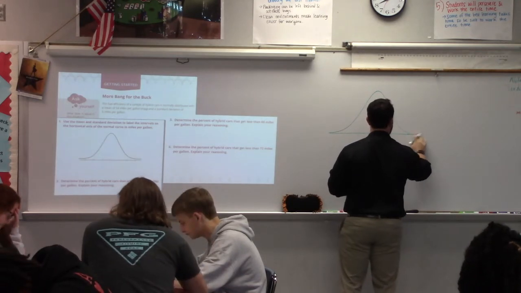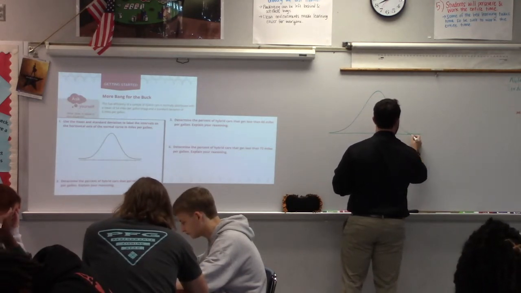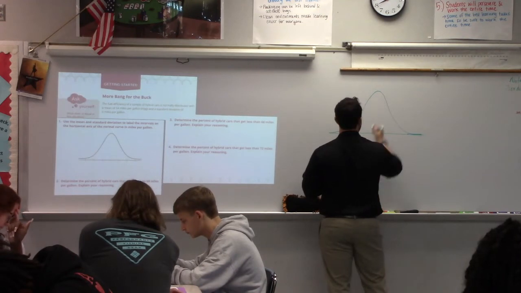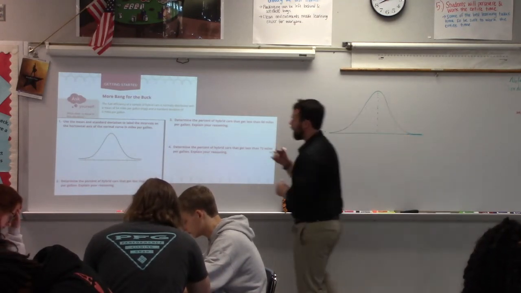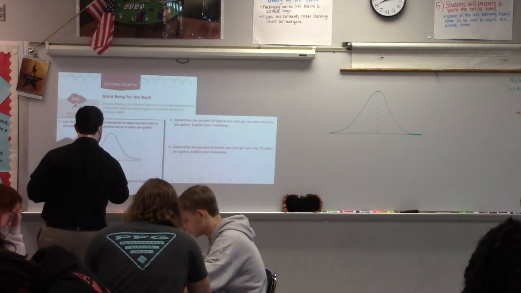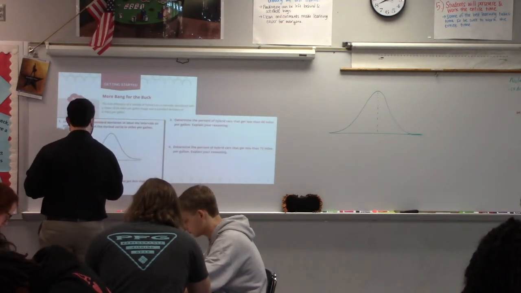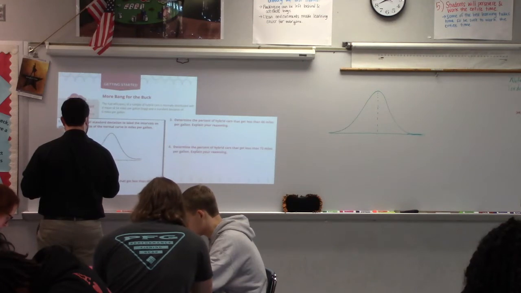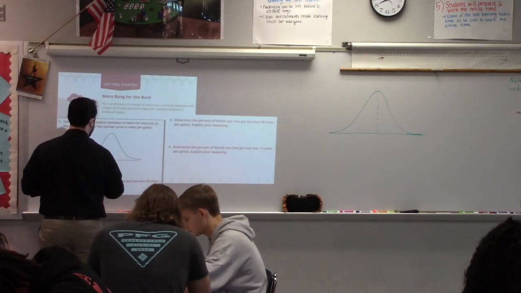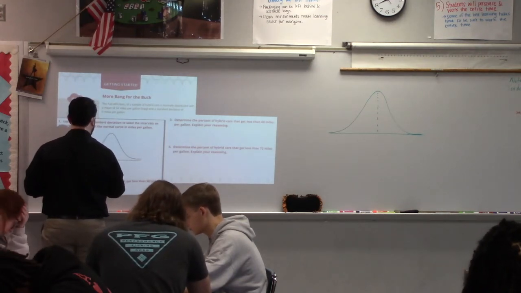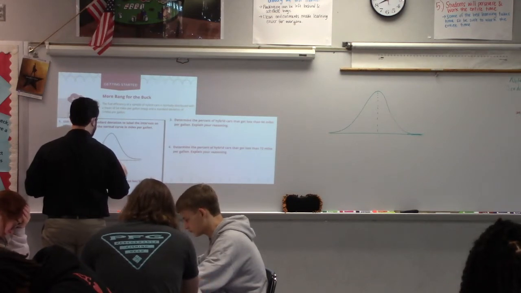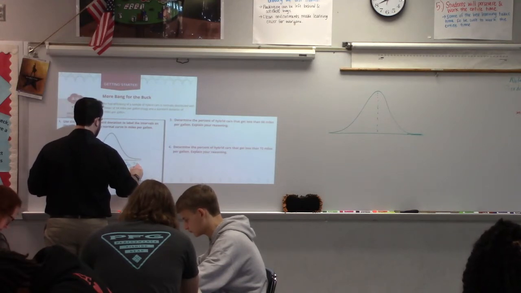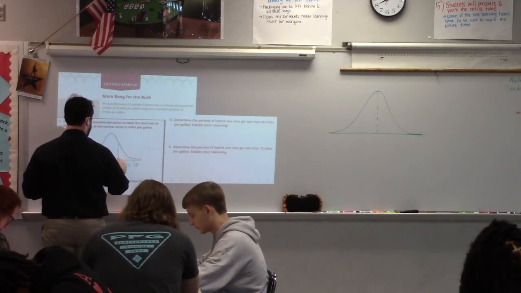We added 97.5, then we have to explain how we got there. It's going to be 30. Because you have to add the one standard deviation. So 30, you just write it down.